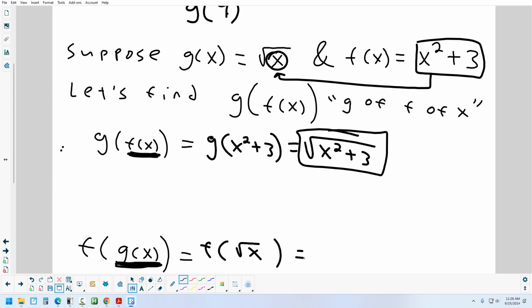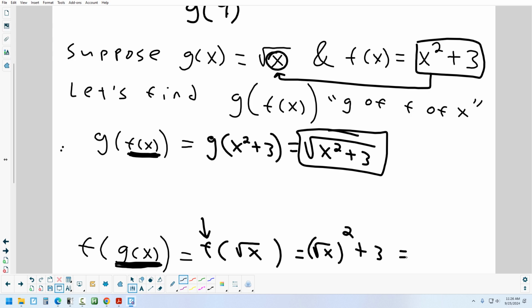Now, in function f, all the letters are going to get replaced with the square root of x. Change all the x's to square root of x's. So, square root of x squared plus 3.